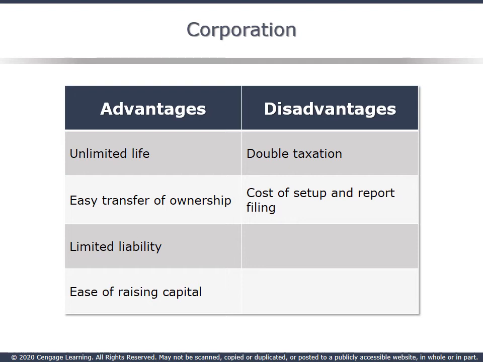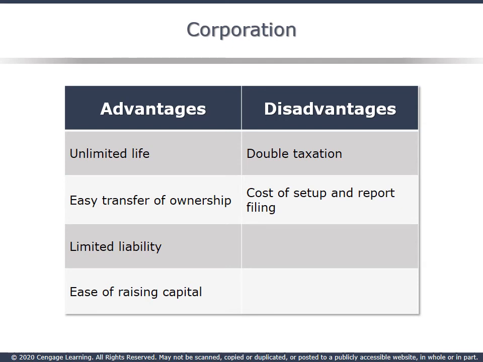It is very easy to transfer ownership in a corporation to someone else because in all corporations, ownership is evidenced by common stock. Another advantage is that there is a limited liability associated with the corporation. Someone who owns stock in a corporation will never lose more than the amount that they've invested.